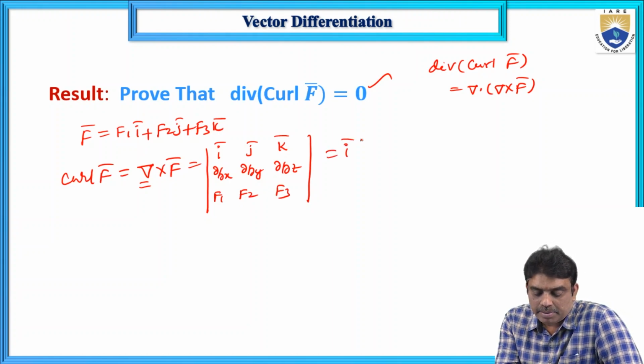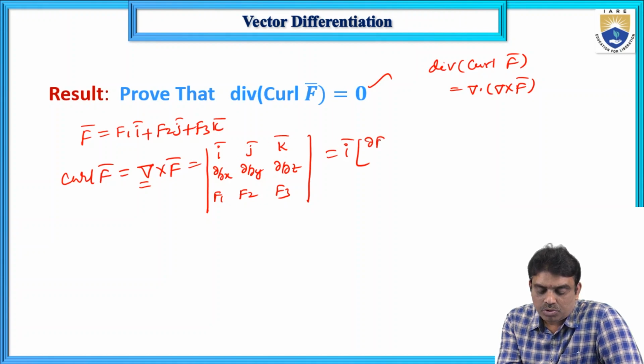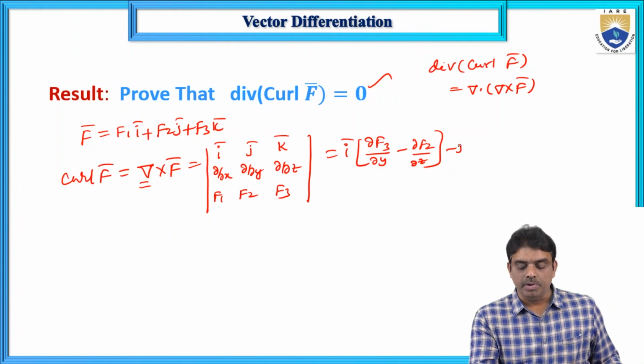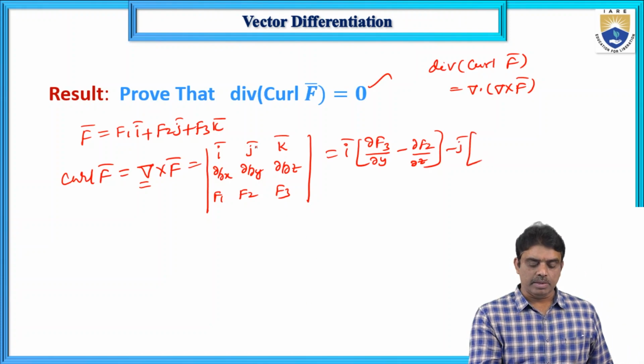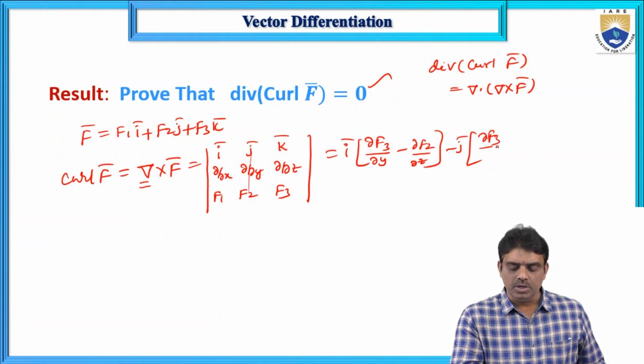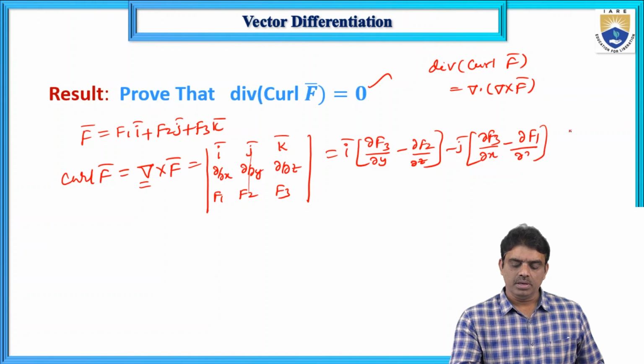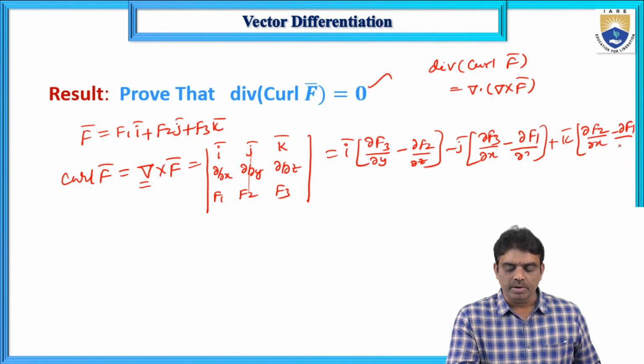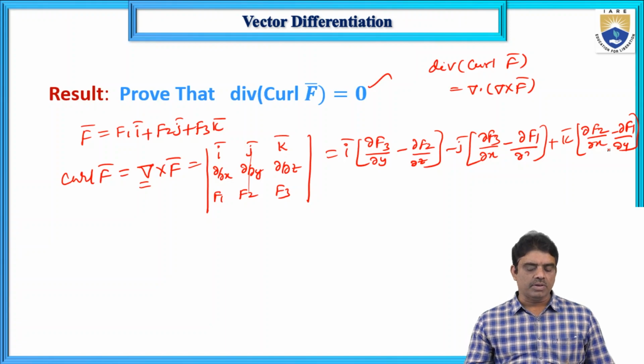Or we can write this as i bar into dou f3 by dou y minus dou f2 by dou z. I'm taking out i bar. Expanding the determinant, minus j bar into, on discarding this column and this row, you'll get dou f3 by dou x minus dou f1 by dou z, plus k bar into dou f2 by dou x minus dou f1 by dou y.